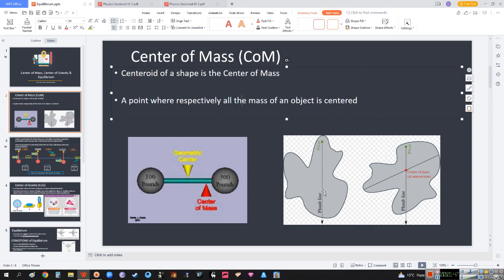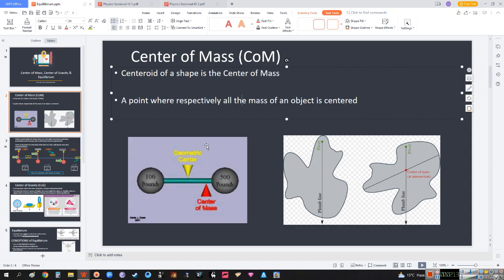We trace this plumb line on this irregular shape of paper. Now we take another point, make it a pivot, hang it again, let it settle wherever it stops, and put another plumb line and trace the other line. Wherever these two lines intersect, we say that's the center of mass, right? This is a very simple method of finding a center of mass.